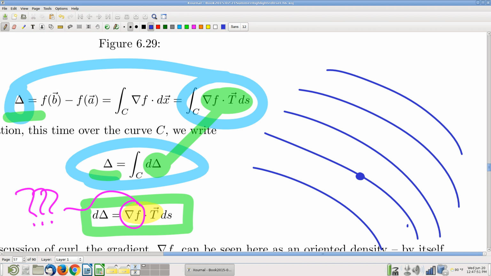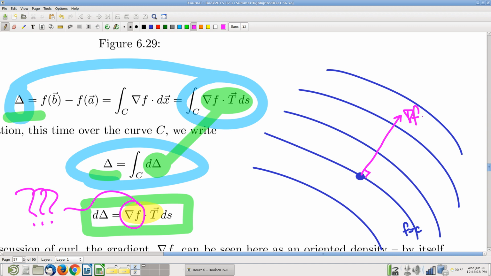These being level sets, we know that the gradient is perpendicular to those level sets. This is gradient f. Okay. So where on this picture is the density?